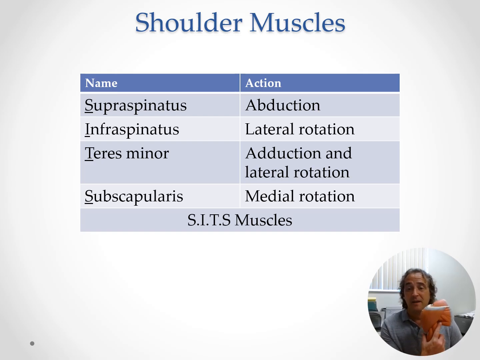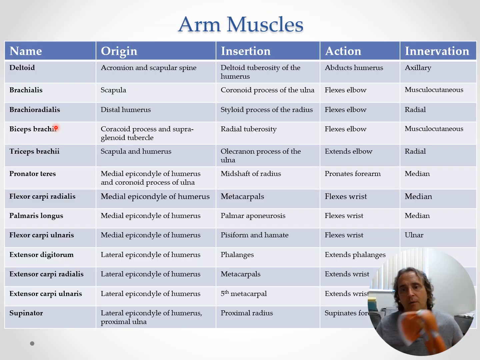That's actually teres major. Teres major does not go to the head of the humerus, so it's not a rotator cuff muscle. But supraspinatus, infraspinatus, and subscapularis, they all do go to the head of the humerus, so they're all considered rotator cuff. For this, I would strongly recommend going over the videos, because these are very, very small, especially when you have them around the wrist and the hand.